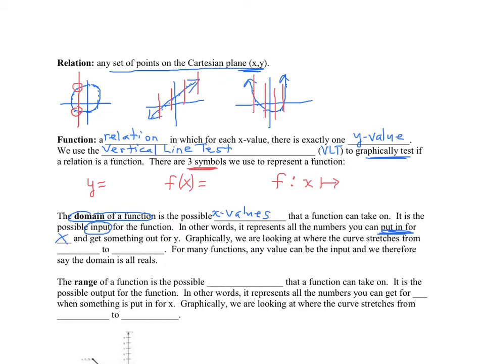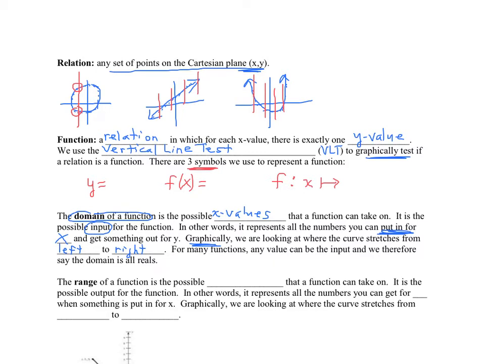Now, if we're looking to visualize domain by means of a graph, we're looking for where the curve stretches from left to right. Since x runs horizontally, since the x-axis is horizontal, if the domain represents our x values, it should make sense that we're looking at it from left to right.